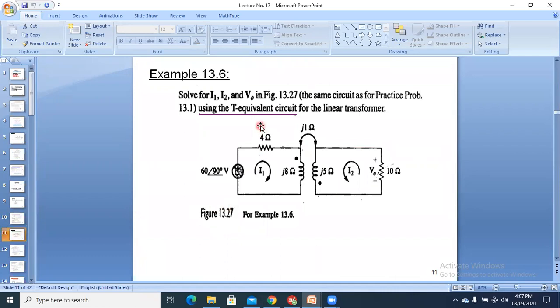So we see we have to find the value of I1, I2 and V out in this circuit when we have the dots in the opposite direction. So we first calculate the T equivalent circuit and then we solve this problem.